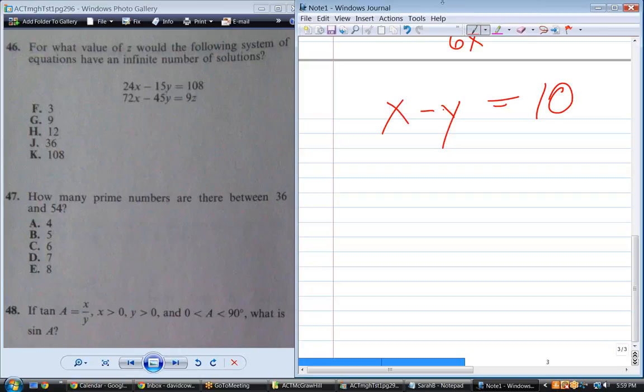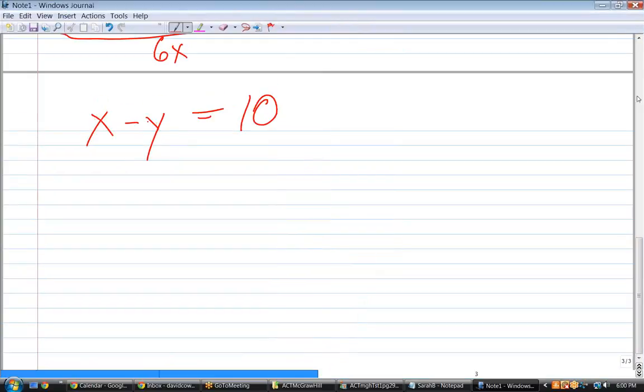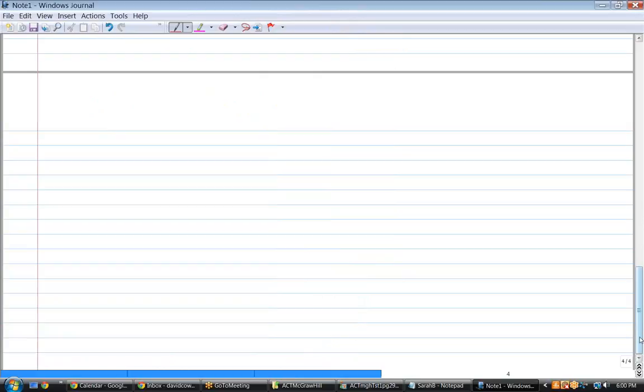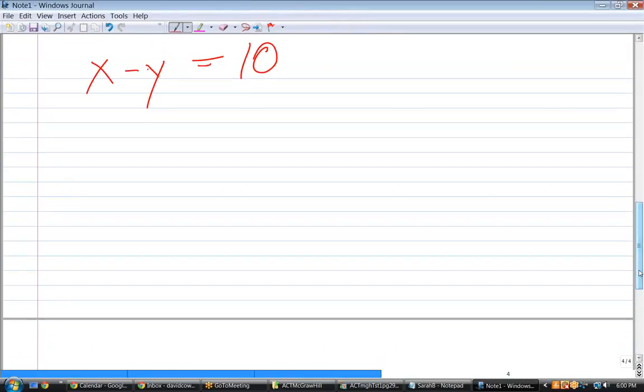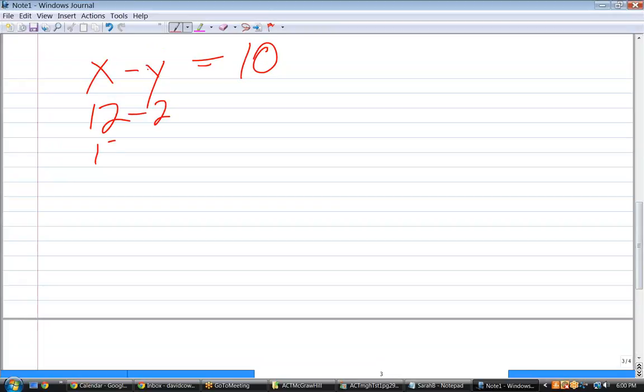Let's talk about systems of equations. How many solutions does this single equation have? x minus y equals 10. 2 solutions, 1 for x and 1 for y? Well, x could be 12 and y 2. x could be 13 and y 3. x could be 14 and y 4.